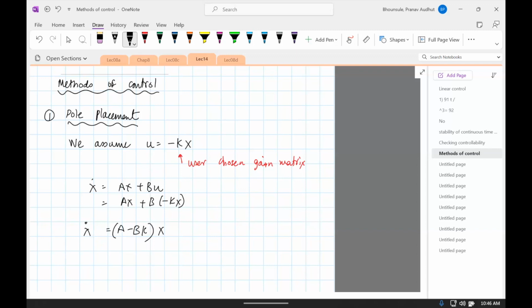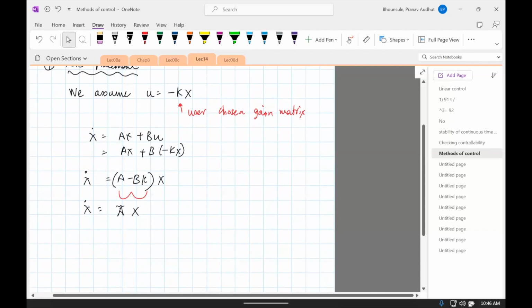The earlier system was just A, the uncontrolled system, but the new system with control is x dot equals A tilde x. But A tilde is not just any A. You can actually control how the eigenvalues of A tilde are assigned because you have full control over the gain matrix K. By changing K in a specific way, you can ensure that all the eigenvalues of A tilde are in the left half plane.